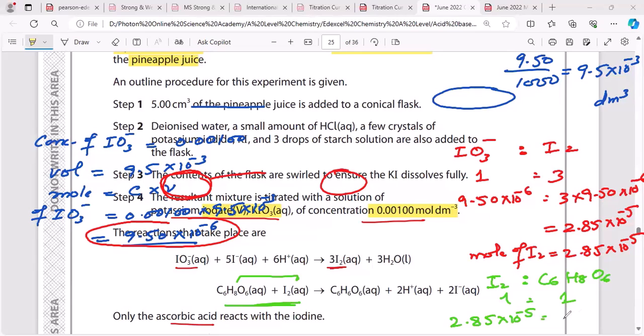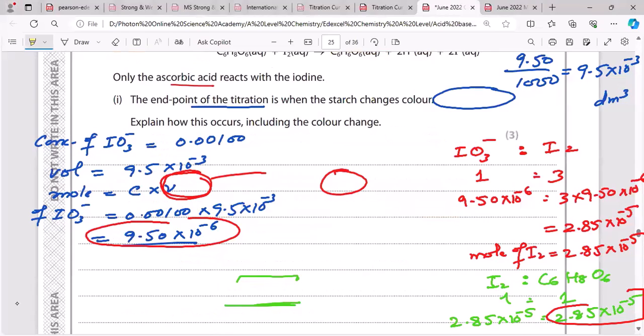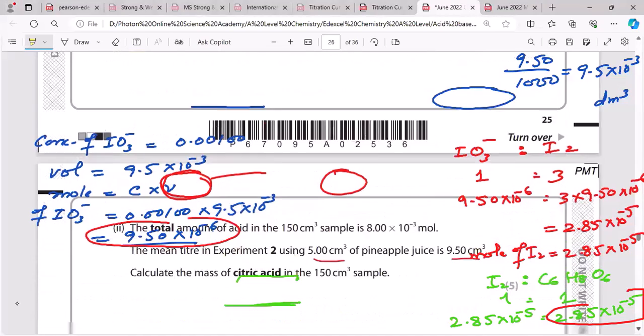So guys, it means the moles of this acid is 2.85 into 10 raised to power minus 5, right? So this is the moles of ascorbic acid in 5 cubic centimeter sample. Again, listen. This is the moles of ascorbic acid in 5 cubic centimeter.